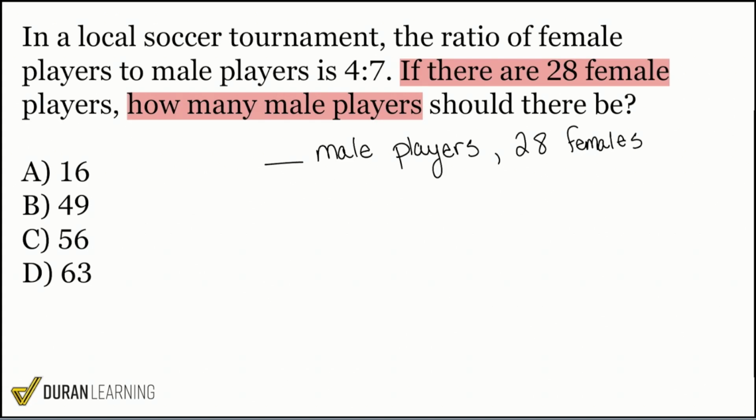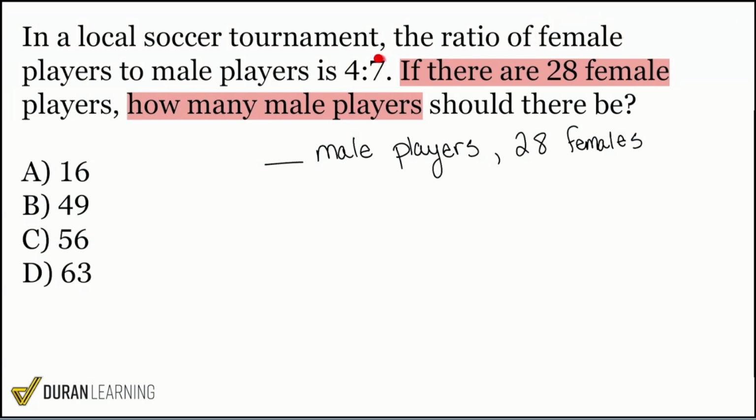So, in a local soccer tournament, the ratio of female players to male players is 4 to 7. I remember from the last problem, I said that the order of the ratio matters. Everybody, yes or no? Is that true? So if they say the ratio of female to male, female was first, so the 4 is female.